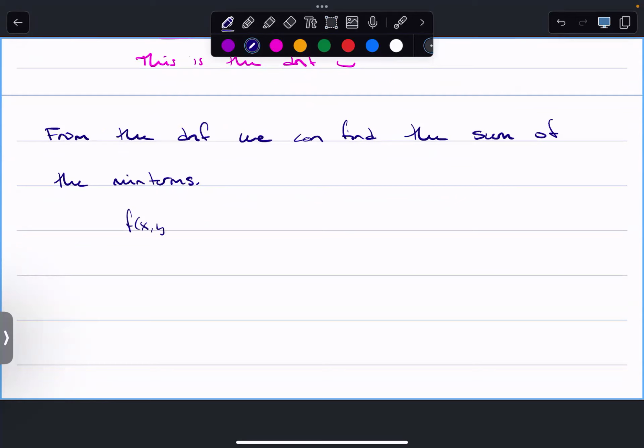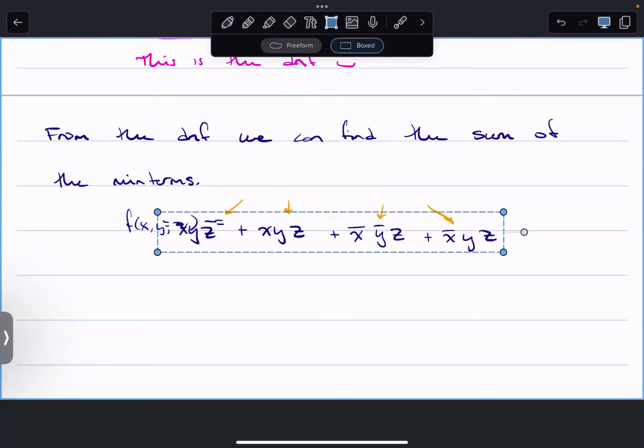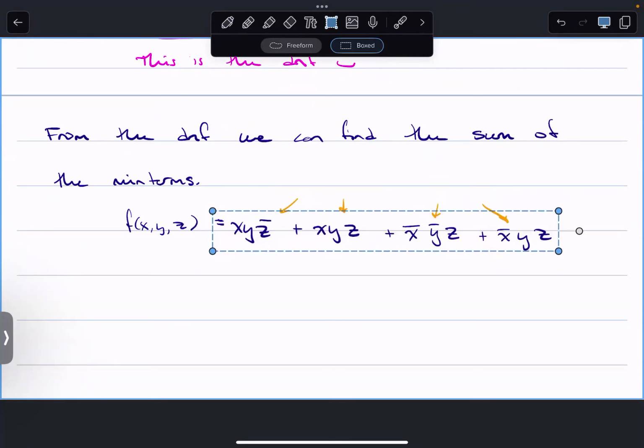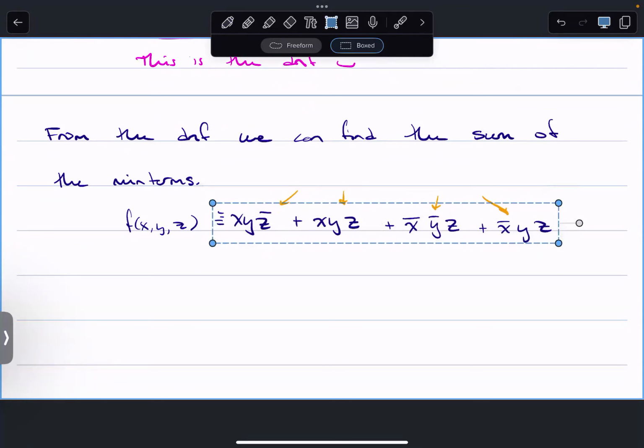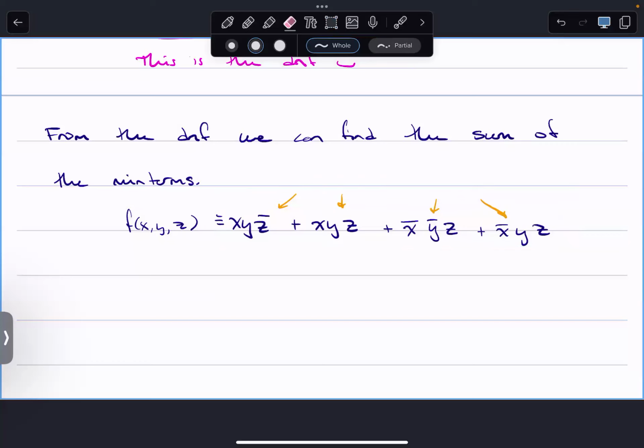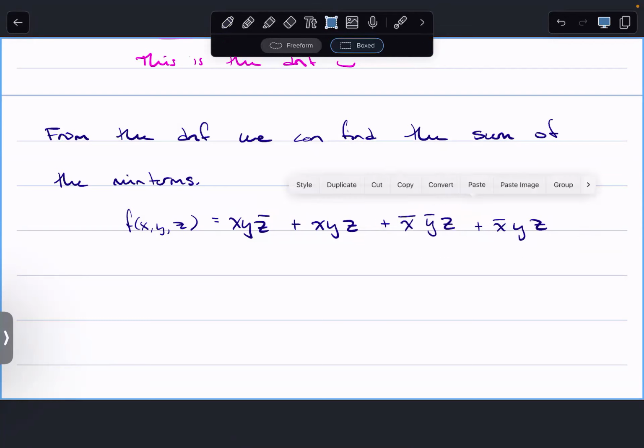So f of x, y, z is this. And I'll just go like that. It looks like it kind of slid off the page there.